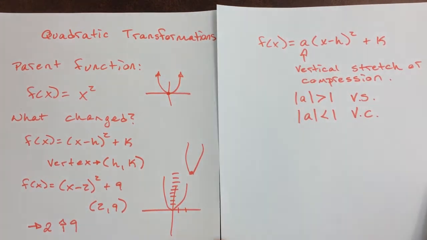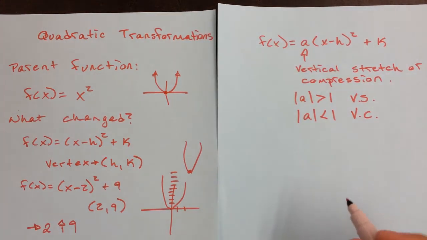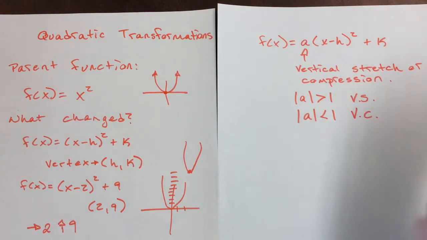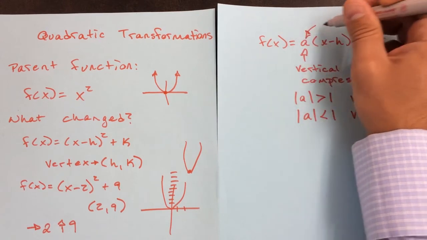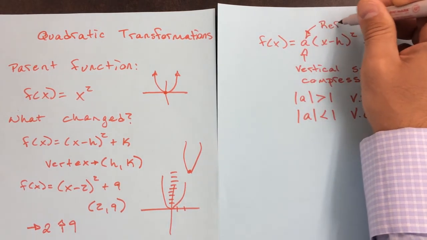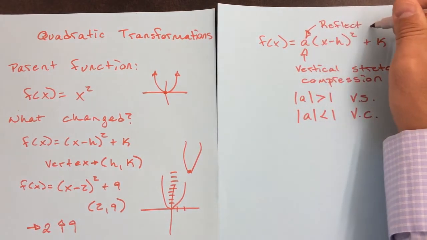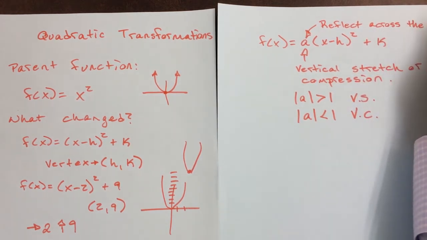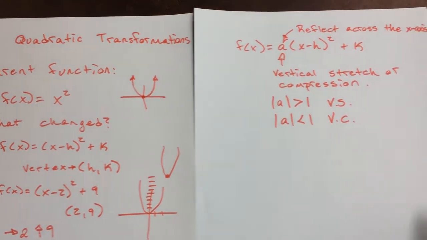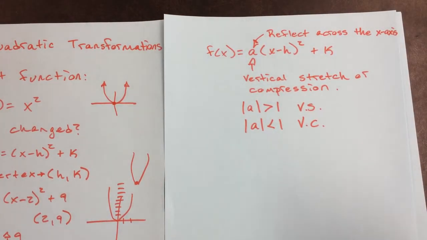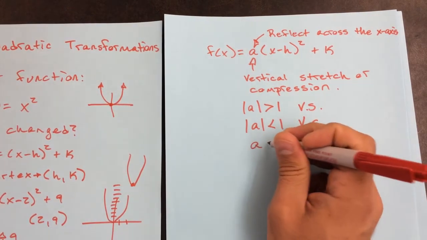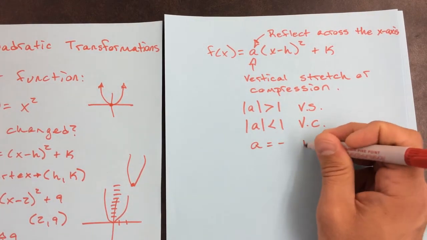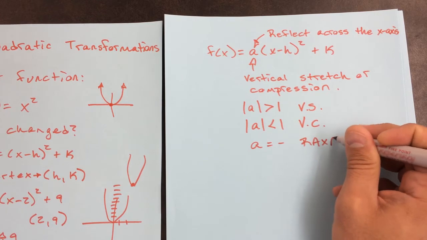Now, that's not the only thing that we have to look at. We also have to look at the sign, because the sign of a can reflect us across the x-axis, which is going to happen if a is negative. So if a is negative, it's reflected across the x-axis.